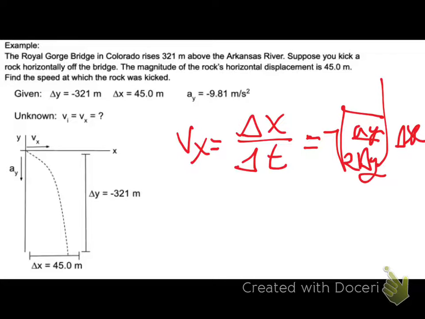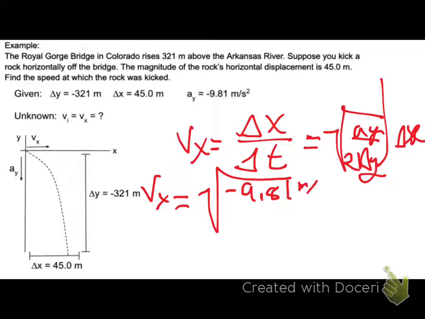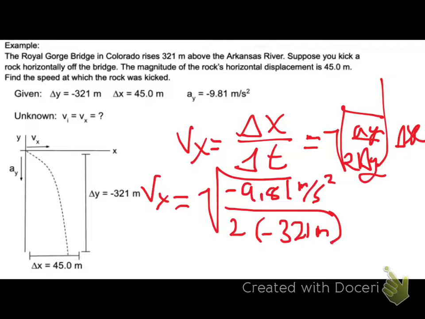So now all we have to do is plug in values. So our velocity x should be equal to the square root of negative 9.81 meters per second squared divided by 2 times negative 321 meters, and then take that whole thing times 45.0 meters.